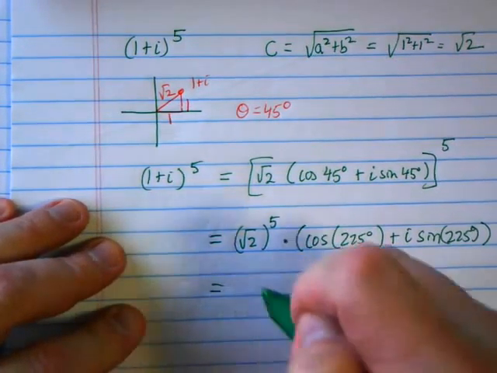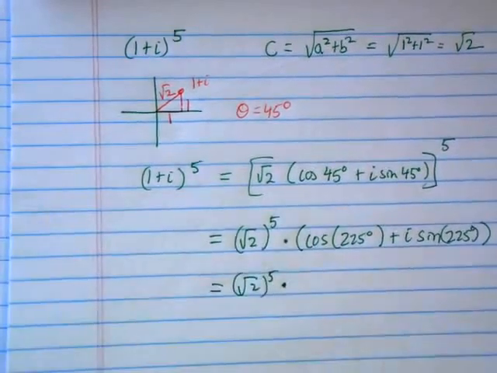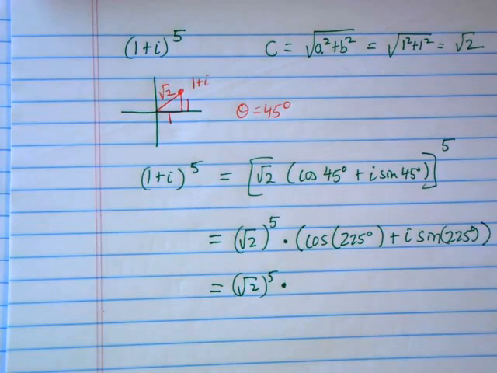And if I wanted to, I could write this as square root of 2 to the 5th times, what's the cosine of 225 degrees? Which quadrant is 225 degrees in? It's in quadrant 3. What can you tell me about cosine in quadrant 3? Negative. It's negative. What's the reference angle for 225 degrees?